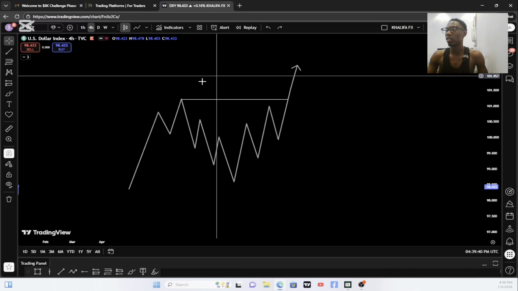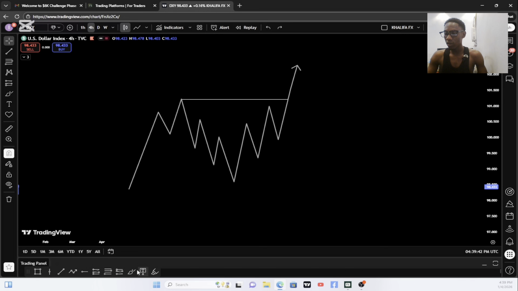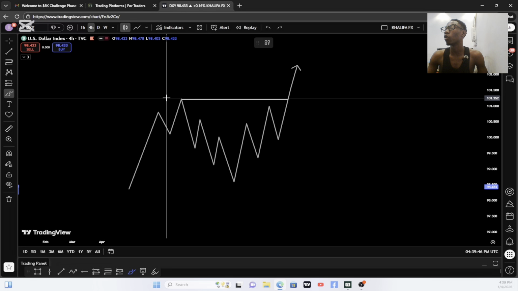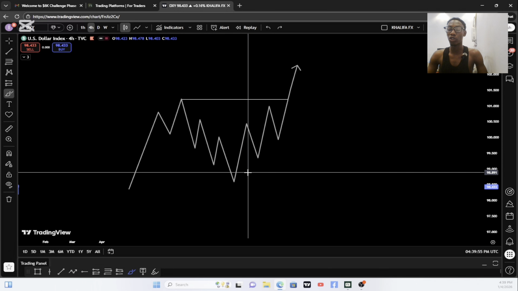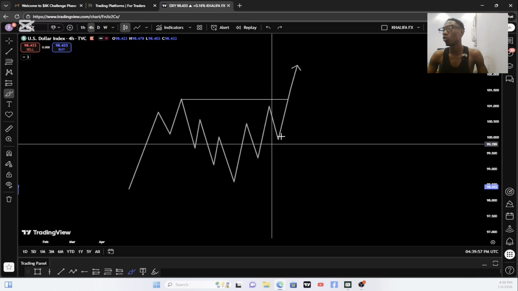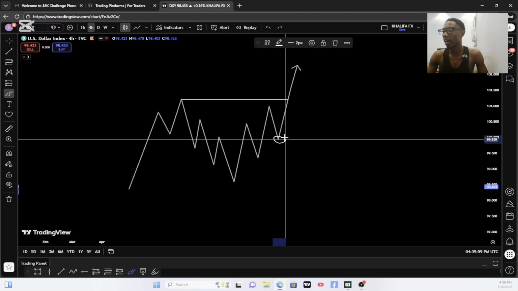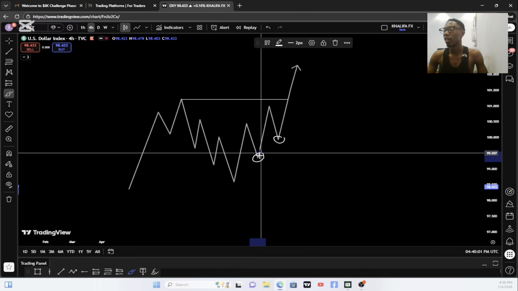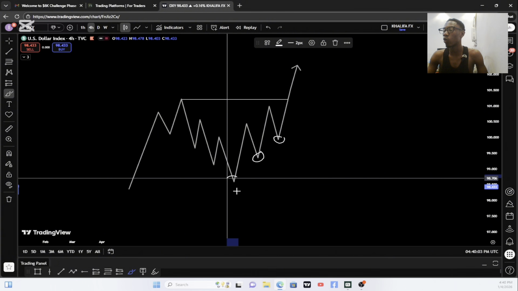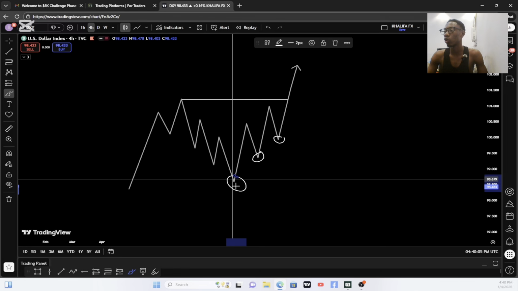Looking at this structure here, right? Price made a break of structure here, right? So after this break of structure, which will be my strong low here? The strong low is not going to be here, right? It's not going to be here. But rather the lowest point that caused the break of structure, which is this one.